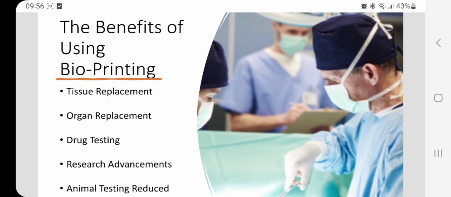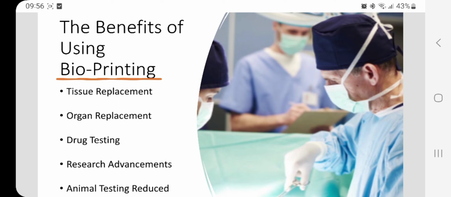This is particularly beneficial for patients in need of tissue transplants due to injuries or disease. Bioprinted tissue can closely mimic the patient's own tissue, reducing the risk of rejection and the need of immune system depressants.